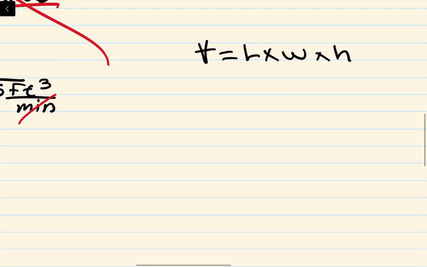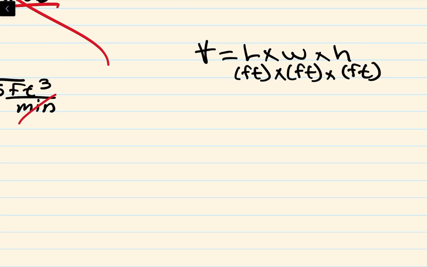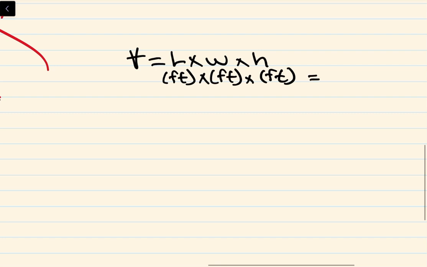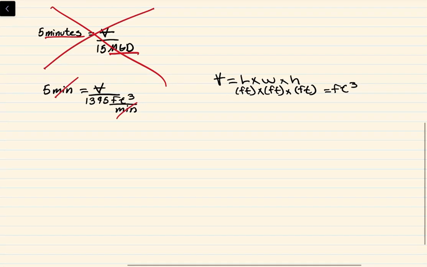And if we was to do all these units in feet, we would come out with feet cubed. Therefore, our units are correct, and we can proceed with the calculation.